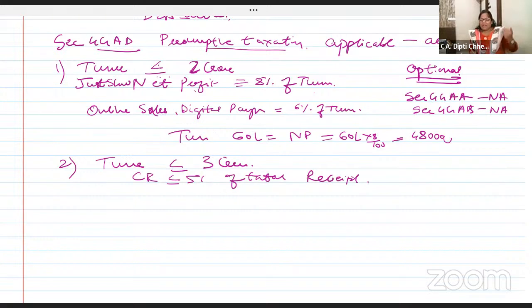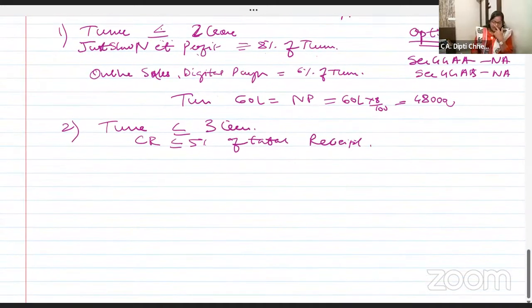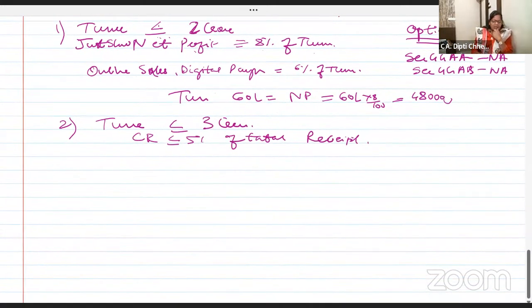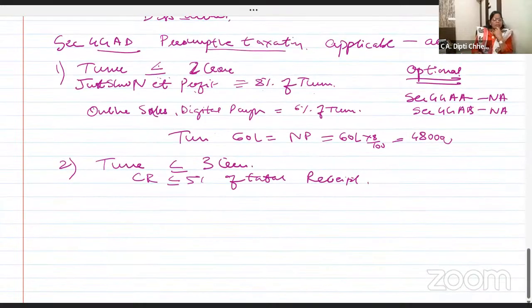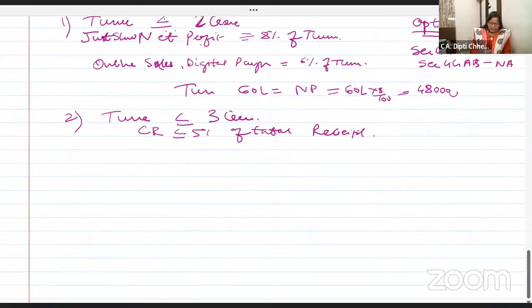You are selling online, money is coming in the bank account. Then instead of 2 crores, up to 3 crore also, you can file your return in presumptive taxation. No need to maintain the books, no need to get it audited.